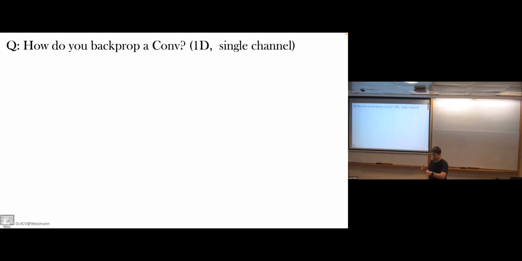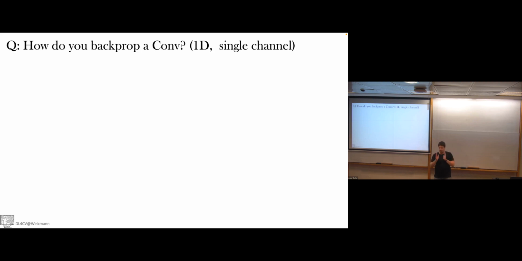So it's a simple case of linear. So one good thing is we know how to backprop linear layers, right? Convolution is a special case of a linear layer. So one good thing is it's possible. Now we can just think about the rules we had for backpropagating through linear layers, okay? And just apply them to convolution.